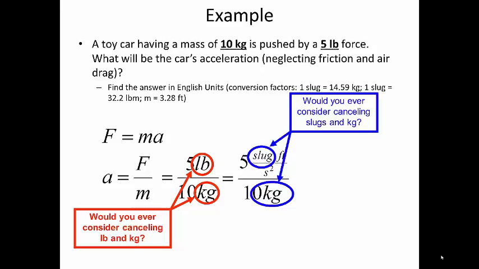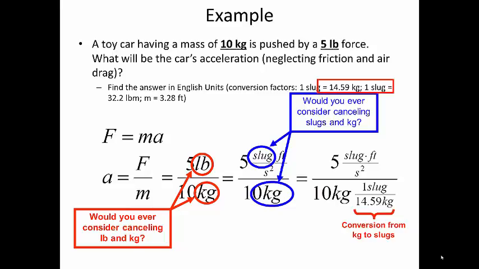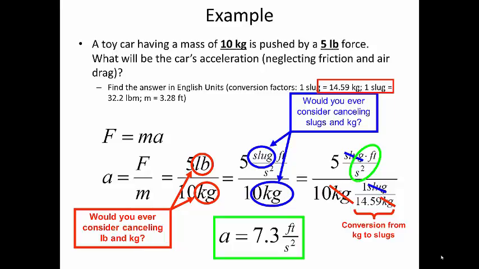No, so we have to convert our kilograms into slugs before we can solve the problem. One slug is 14.59 kilograms. Now our kilograms cancel, our slugs cancel, and we're left with feet per second squared, which is an acceleration. Now we can solve for our acceleration, and we get 7.3 feet per second squared.